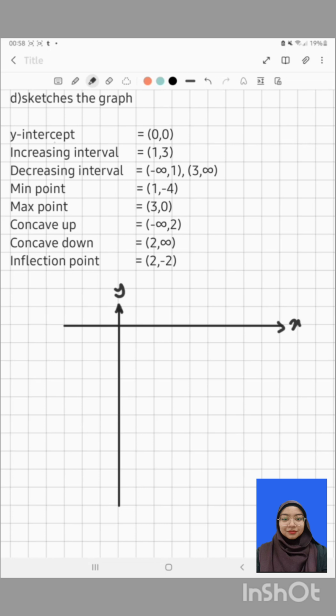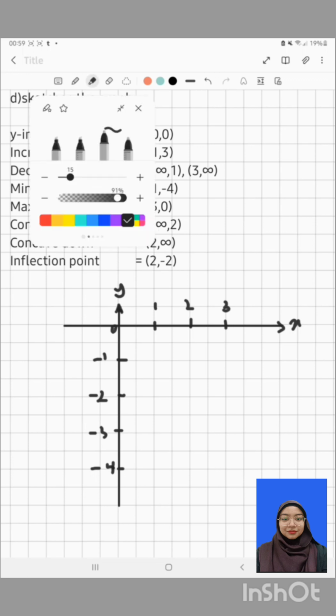This will be -1, -2, -3, and last -4. Here it will be 1, 2, and 3. So this would be 0.